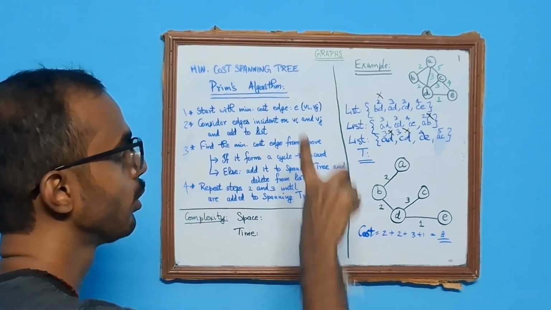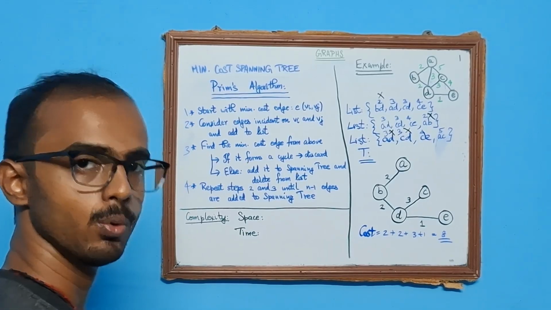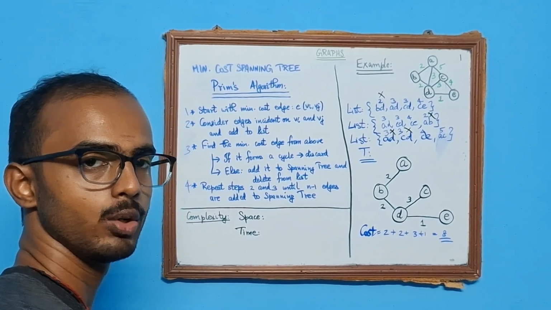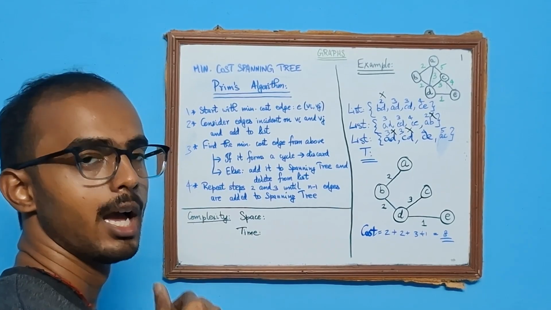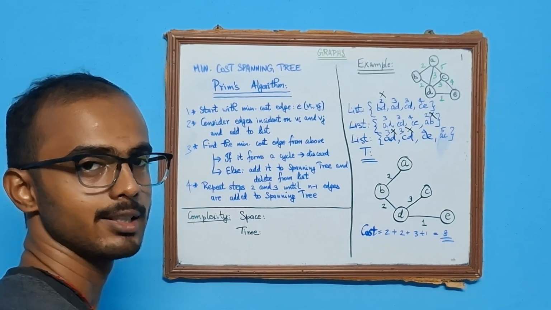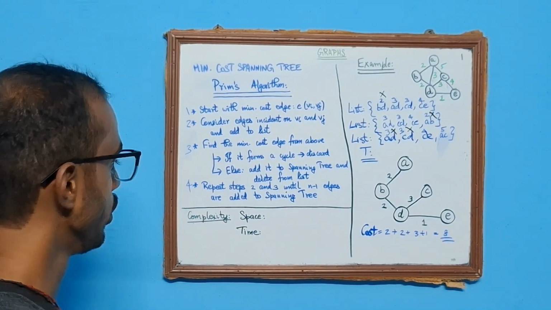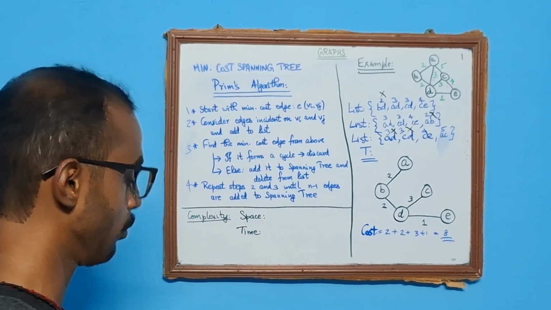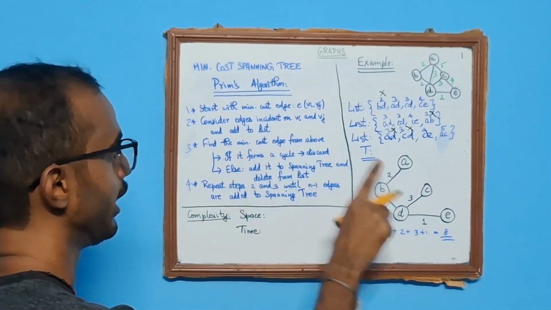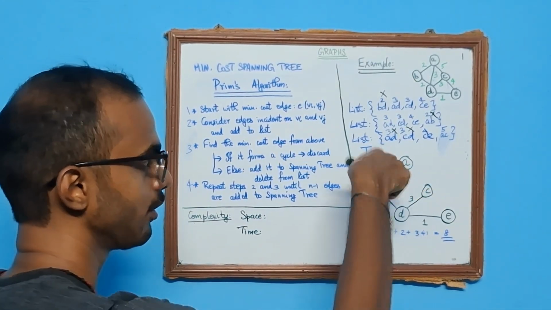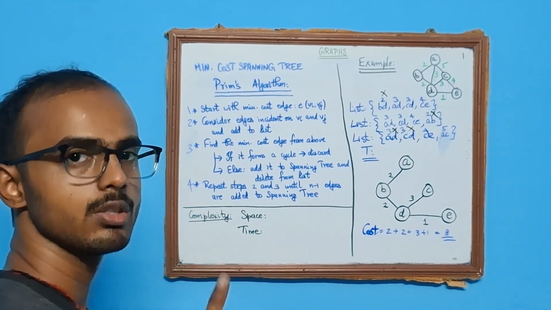So we have totally E number of edges, right? If you consider a priority queue, insertion time into the priority queue is big O of log E, and deletion is also log E. Talking about the time complexity, for each of the edges that you are considering, in the worst case it is E number of insertions or E number of deletions.